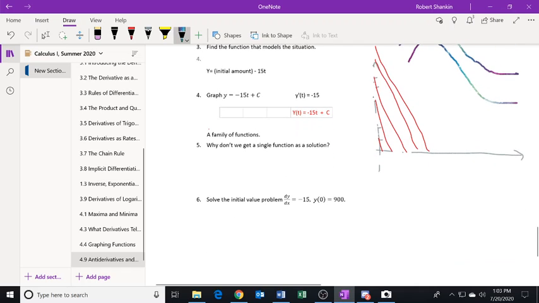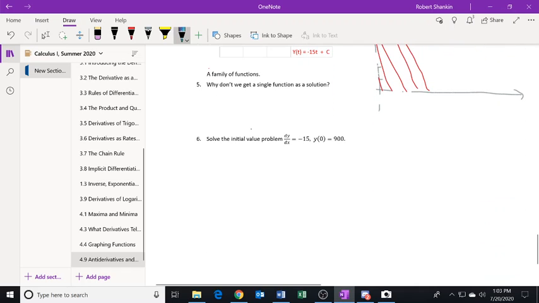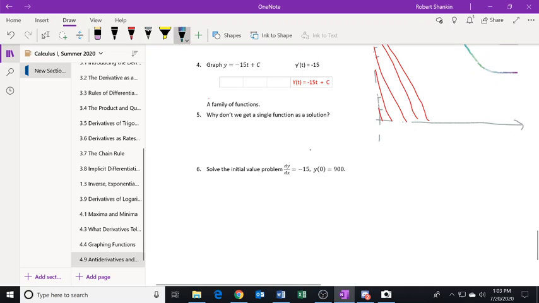Okay. So that's the general point. Now, we want to explain this. So number 5, why don't we get a single function as a solution? Let me just pop that question to group 6 right now.